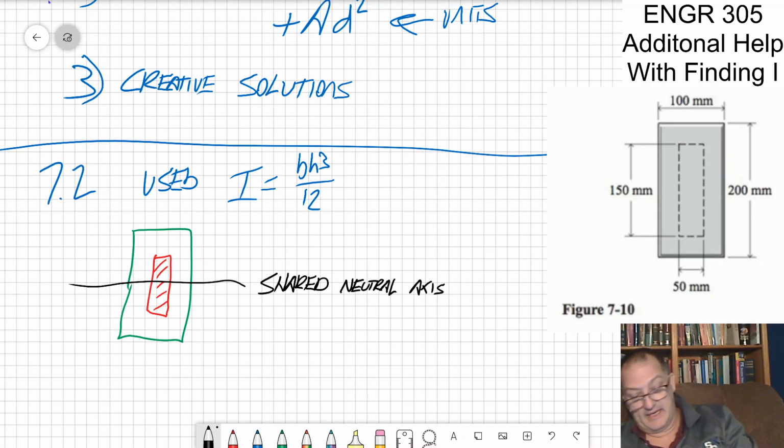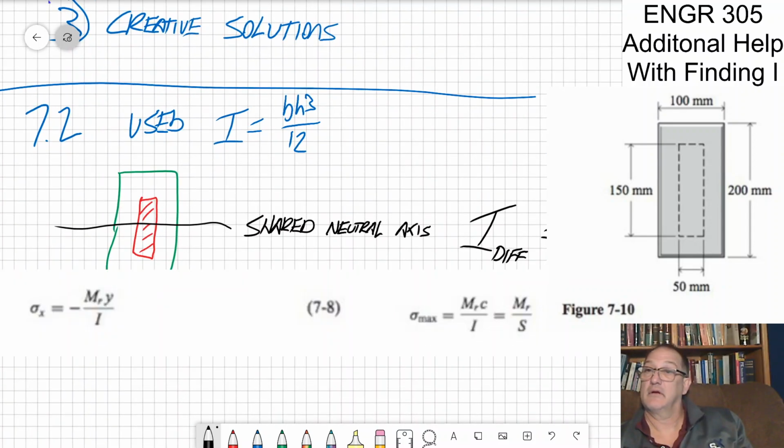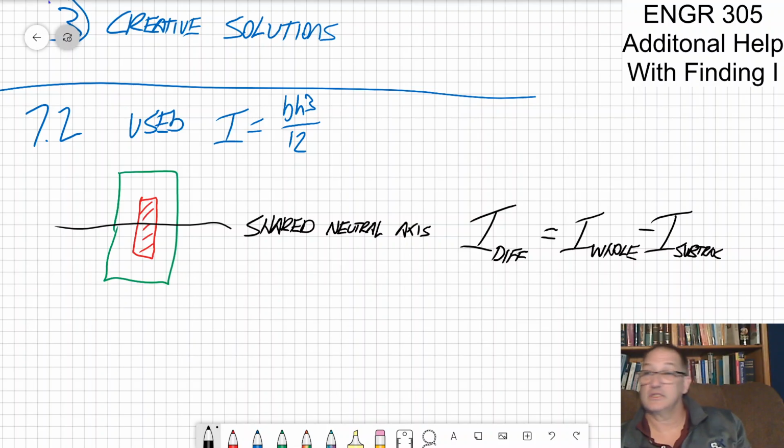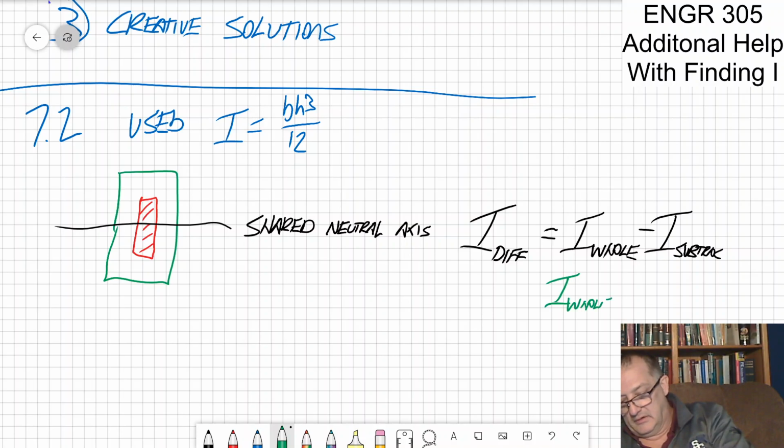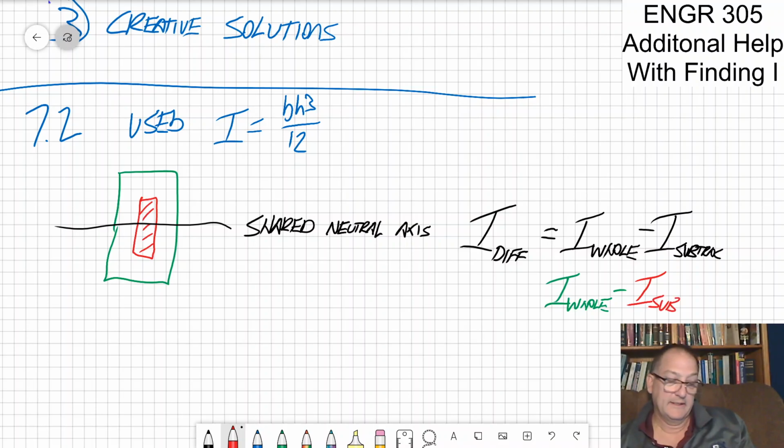Once you've found that, if you have a shared neutral axis, then I for the difference is just equal to I for the whole, or the outside, minus I for the subtracted area. We're going to use that quite a bit. We're just going to subtract that.